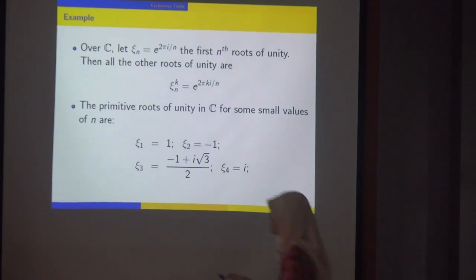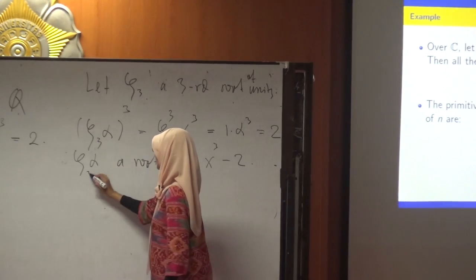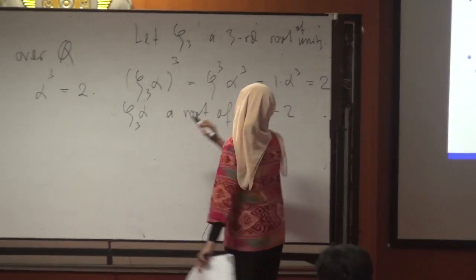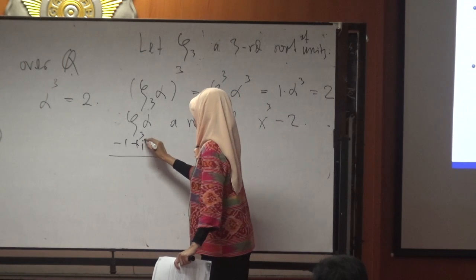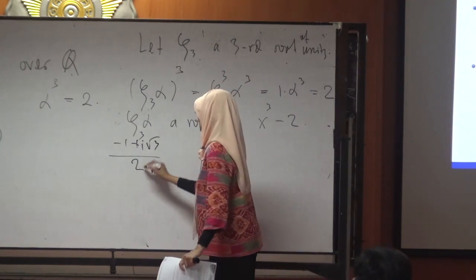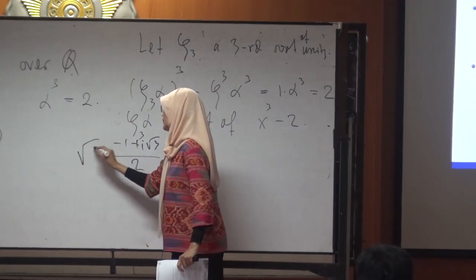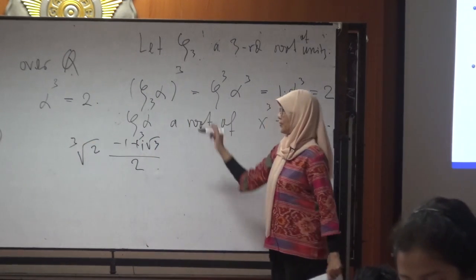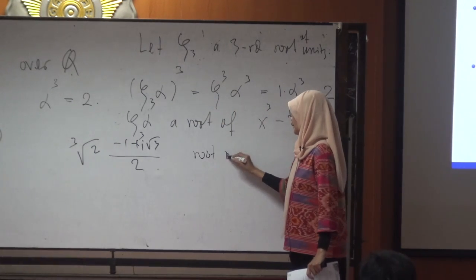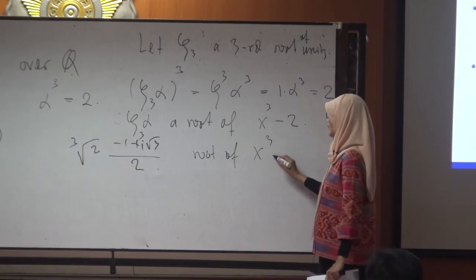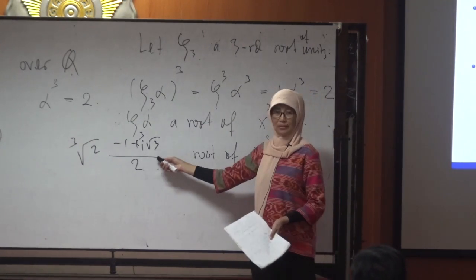So zeta times this one, alpha, is also a root of our polynomial. So we find the other root. Yesterday we have already used this.